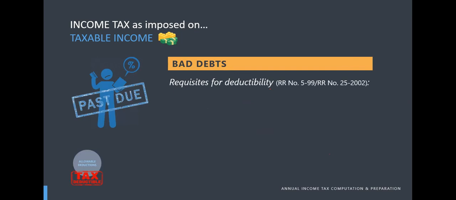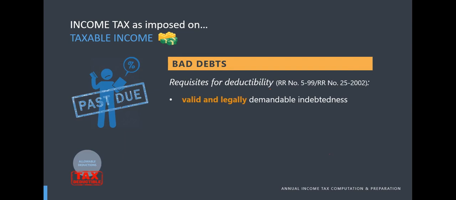So what are the requirements for the deductibility of bad debts? Under RR number 5-99 as amended by RR number 25-2002, bad debts must be valid and legally demandable indebtedness. Number one, there must be an indebtedness for us to determine if there are bad debts.